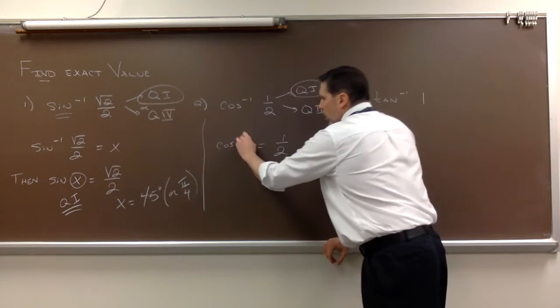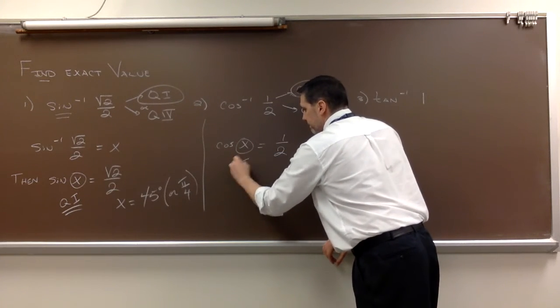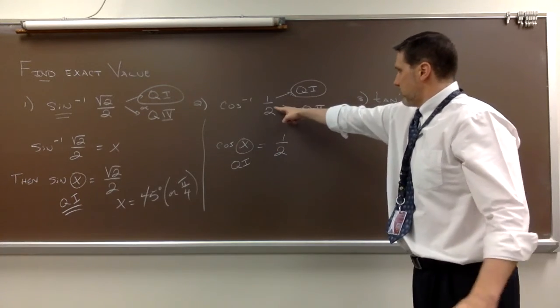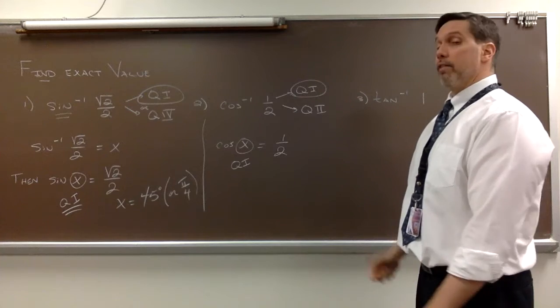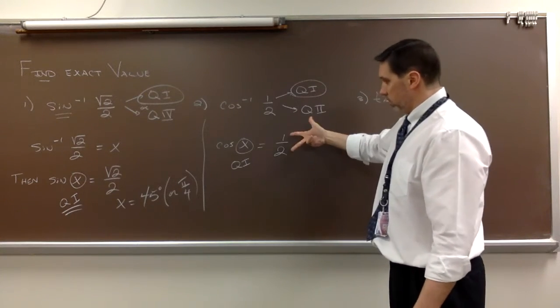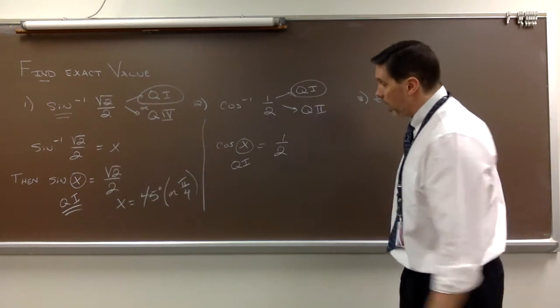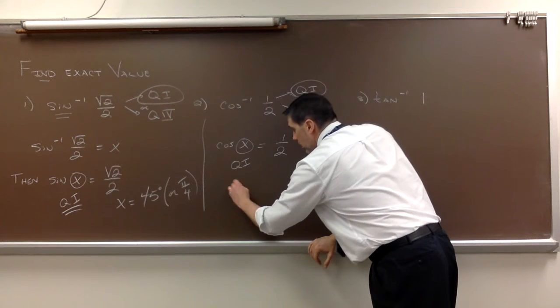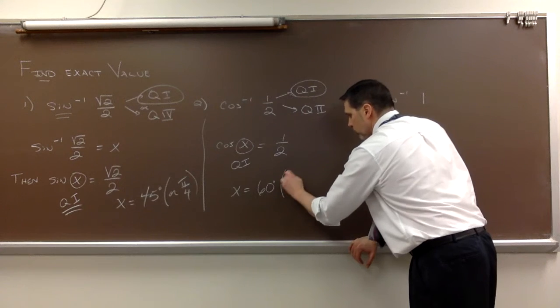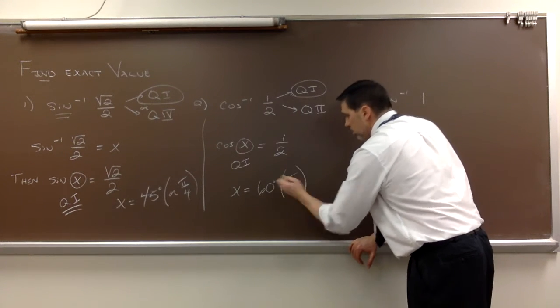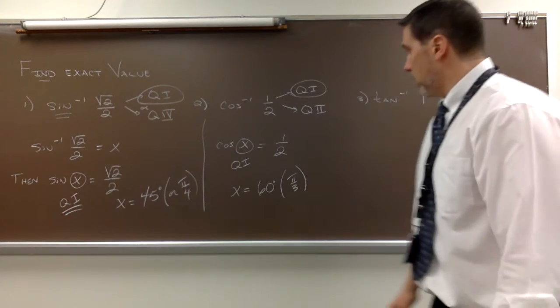Question is, what quadrant 1 angle, again since it's positive up here, if you take the cosine of it, gives you 1/2? So you can think, adjacent over hypotenuse, that would have to be a 60-degree angle, or we would say pi thirds in radians.